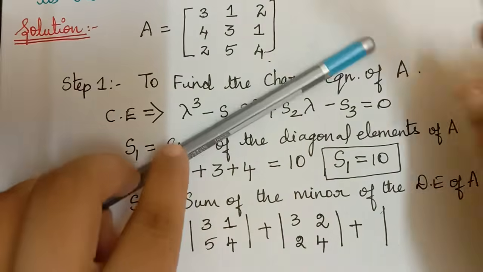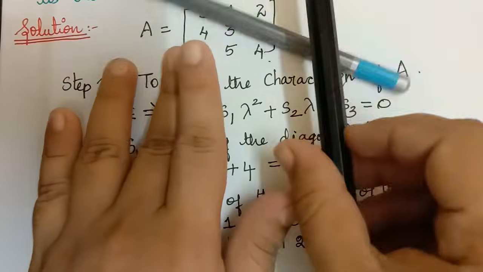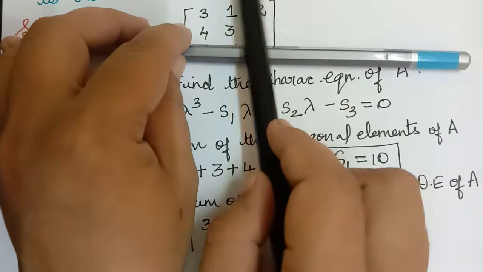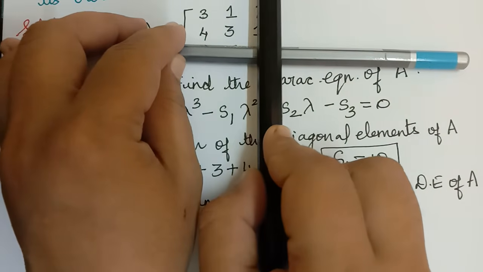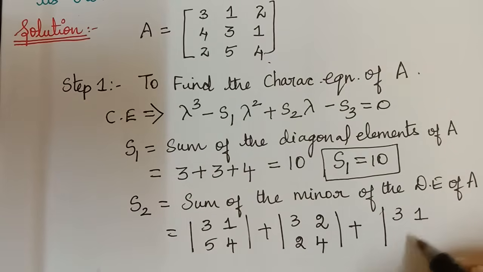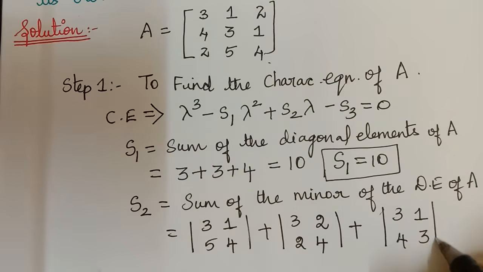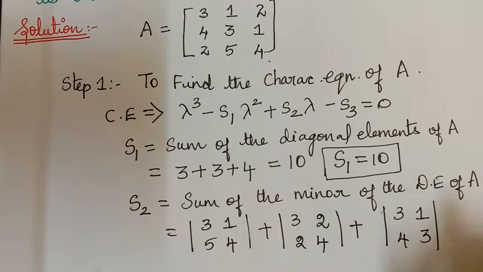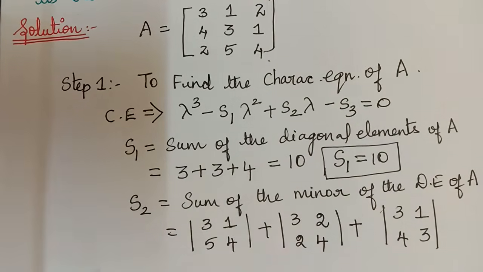We block the corresponding row and the column, and we get the determinant of 3, 1, 4, 3. So this will give us the sum of the minors of the diagonal elements. Let us find the determinant of this first.